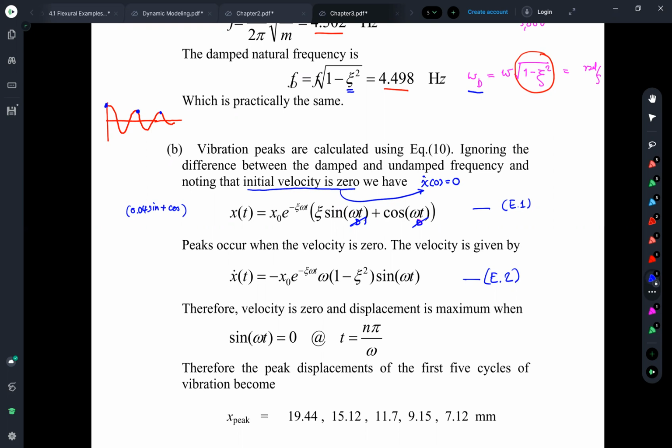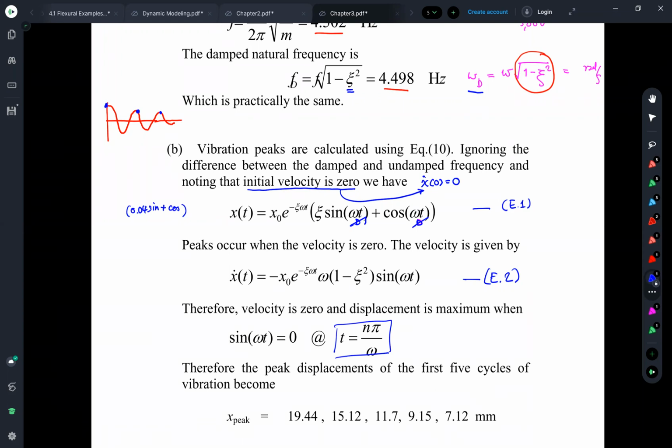When the cosine goes to positive 1, it will happen when sine equals 0. That's why the maximum displacement occurs when t equals n pi over omega, like this.